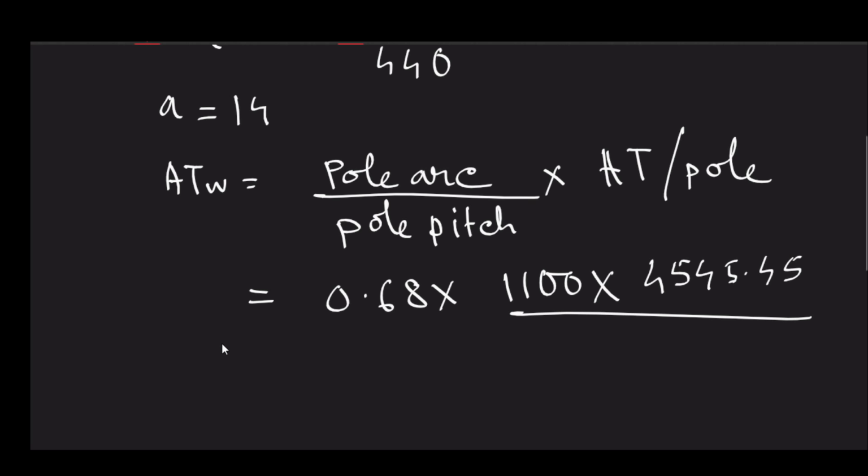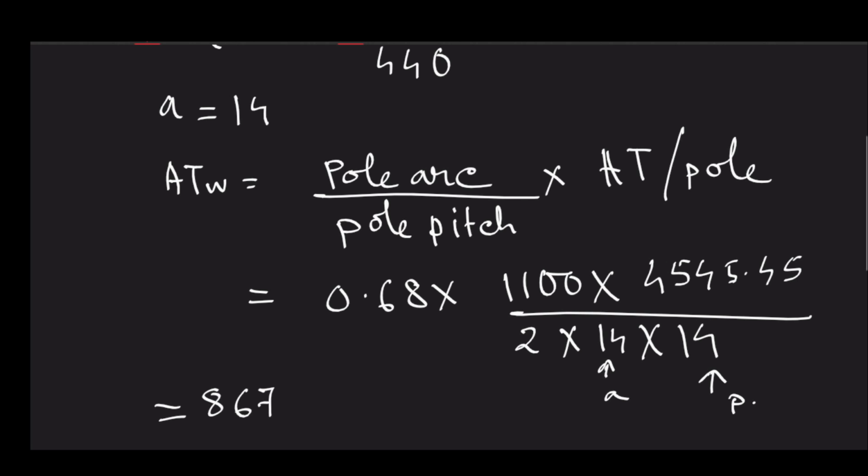This is I divided by 2 into 14 into 2AP. What happened? So basically you will get 8673.5 ampere turn per pole.